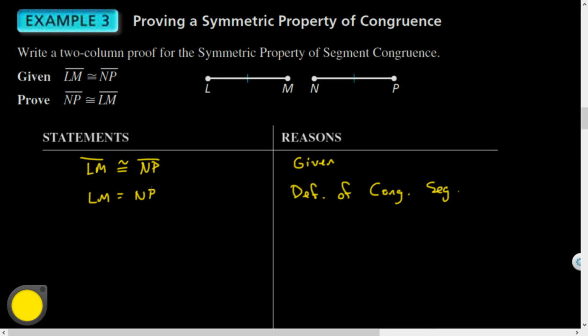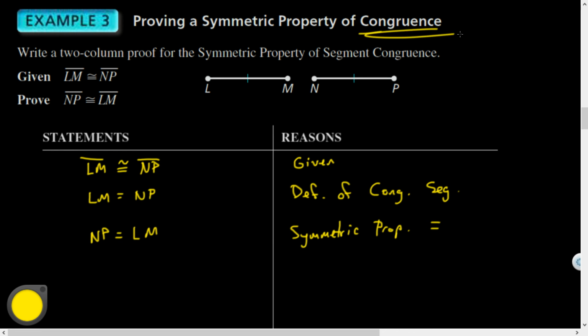Okay, how about this? Now, I'm trying to prove that congruence is symmetric. I've just translated into the world of equality. I already know that equality is symmetric. So I'm going to say NP is equal to LM. Which property says that's true? The symmetric property of equality.